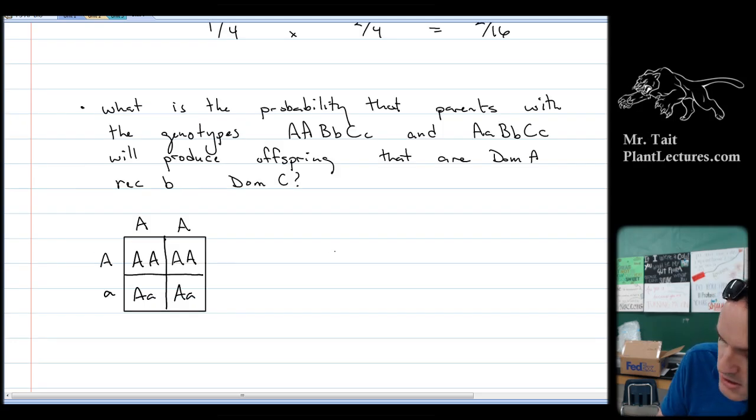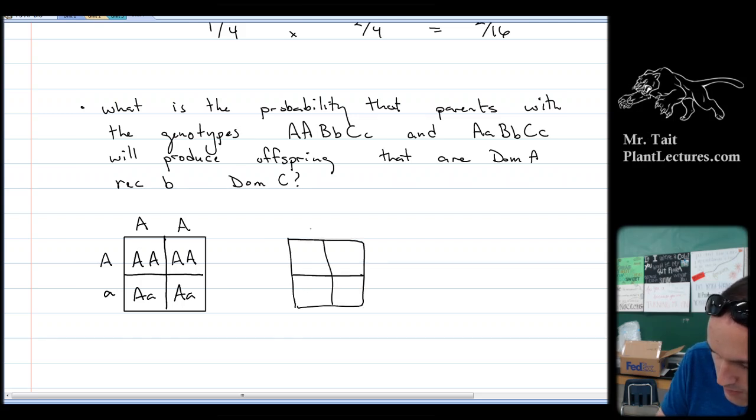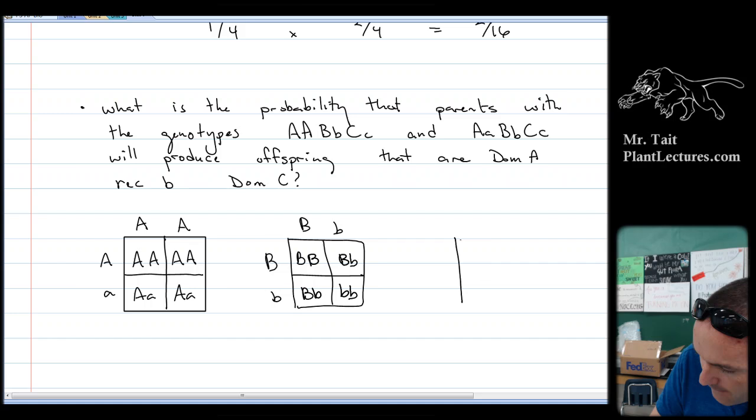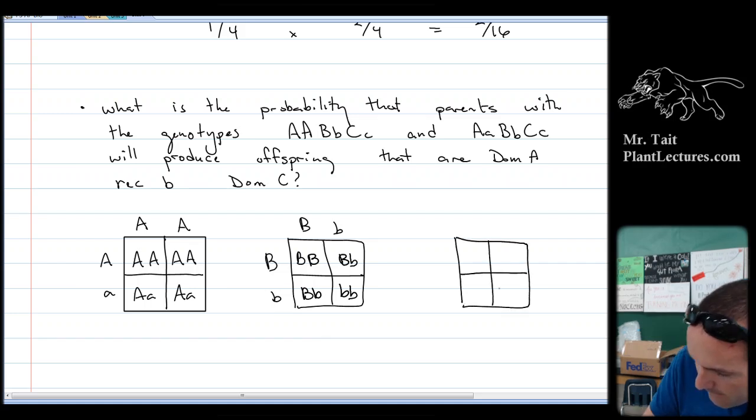Our second one is a monohybrid cross. It's big B, little b, big B, little b. And then the third one, another monohybrid cross.